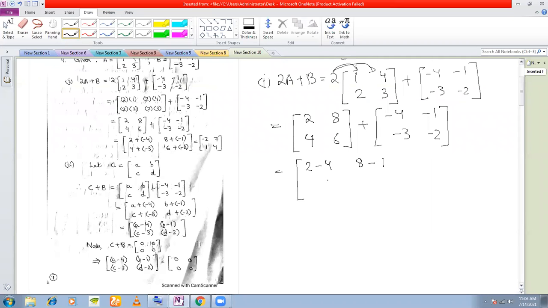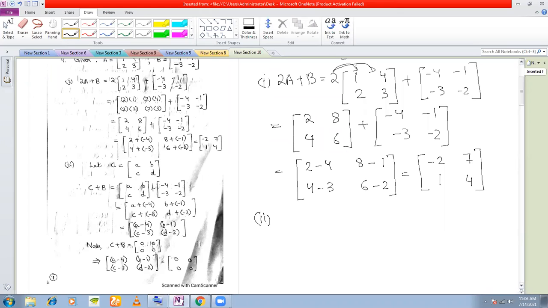Although you can do this step directly, in the beginning I would advise you to do the step that I'm doing here. 4 minus 3, 6 minus 2. So this will be -2, this will be 7, this will be 1, and this will be 4. So this is 2A plus B.